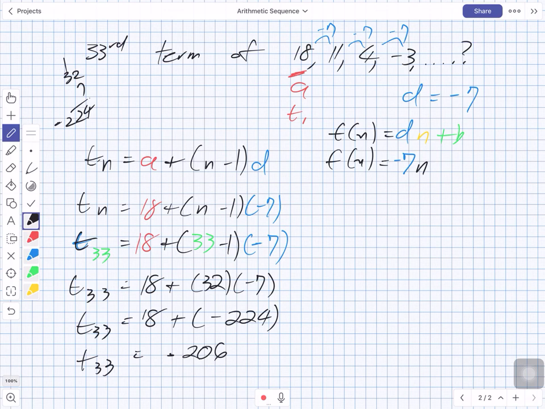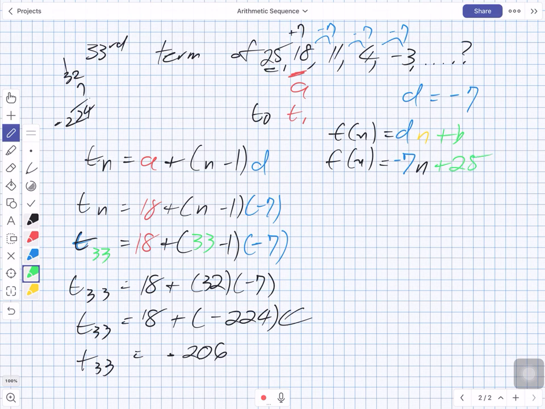Remember what b represents in terms of t's? What would b be? t at 0. So how do I find t at 0? You add 7 to 18. What would my t at 0 be? 25. That's the exact right answer. Positive 25.